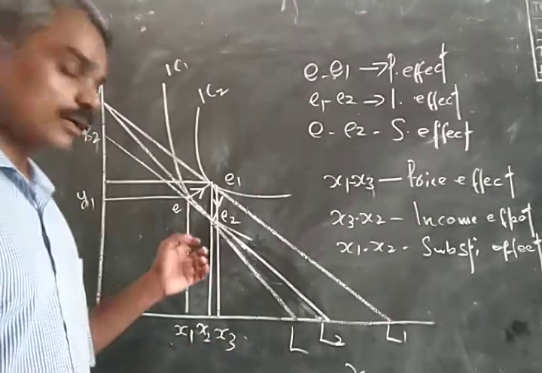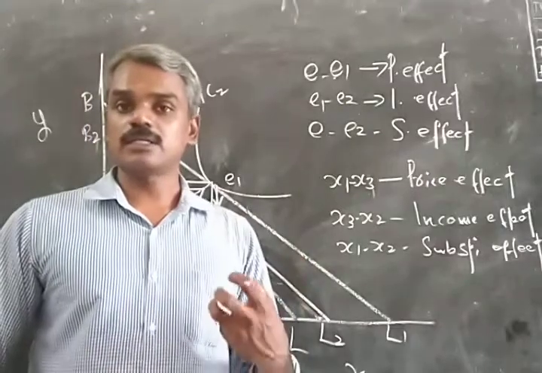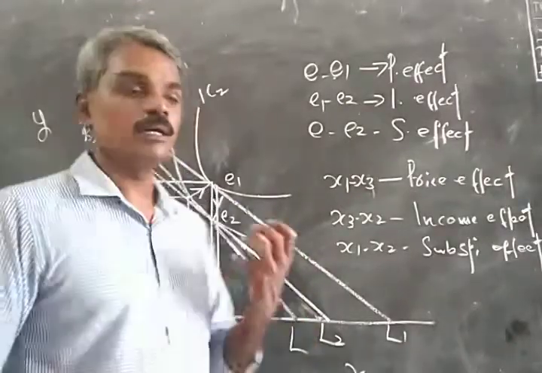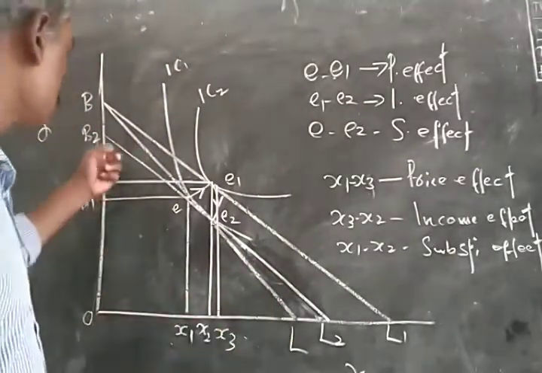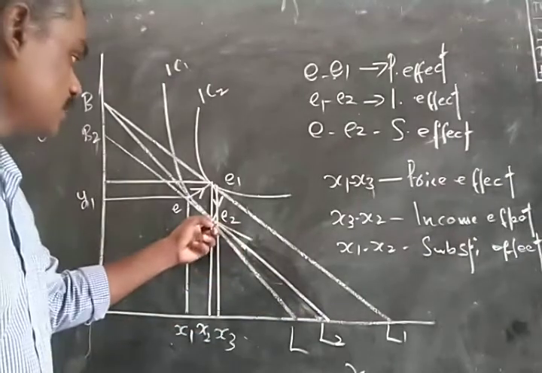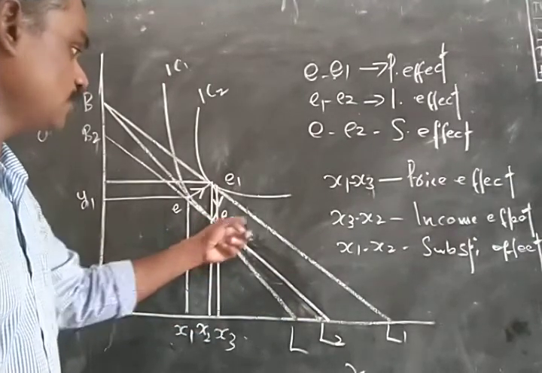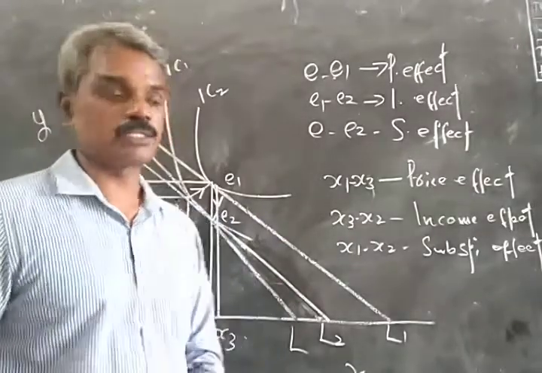Then in order to compensate for the increase in real income, we are reducing real income in such a way that it remains on the same level of satisfaction as before and retains the price ratio. For this, we are shifting the budget line parallel downwards to BL2, and this budget line should be tangent to the original indifference curve, and it should also be parallel to the rotated budget line.